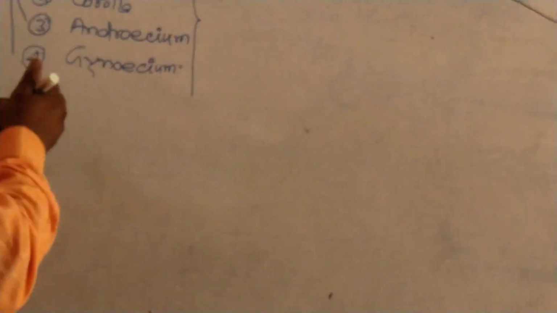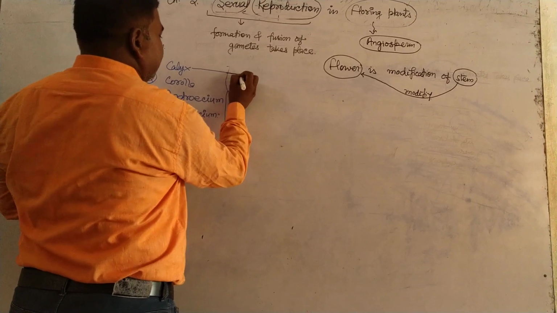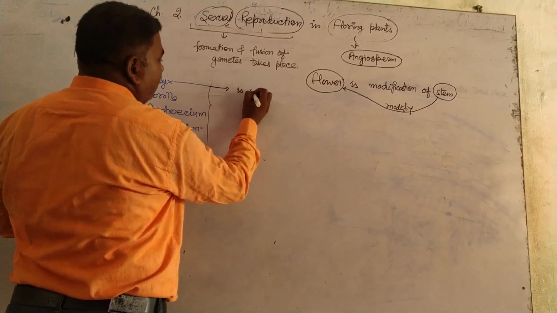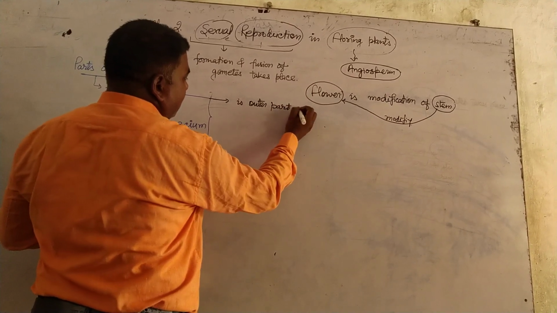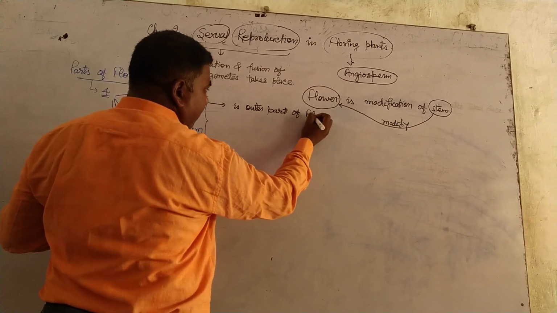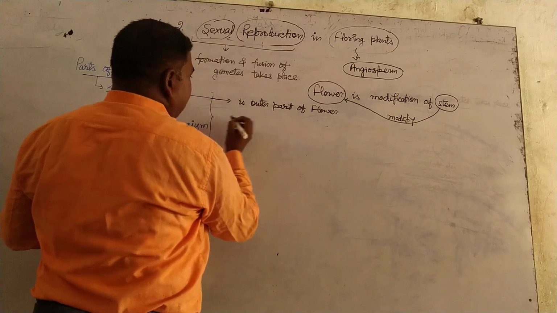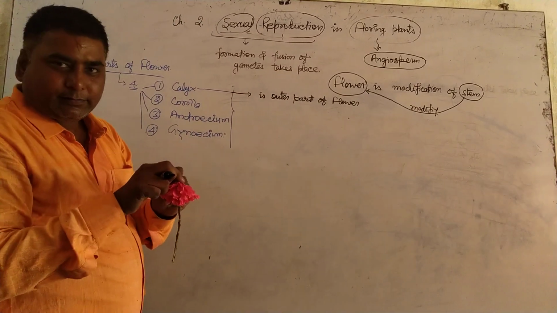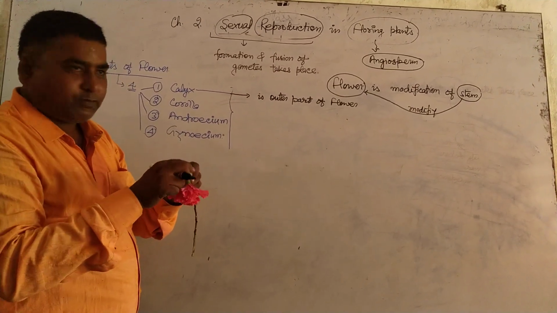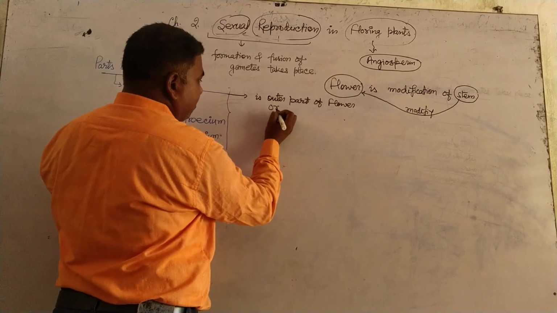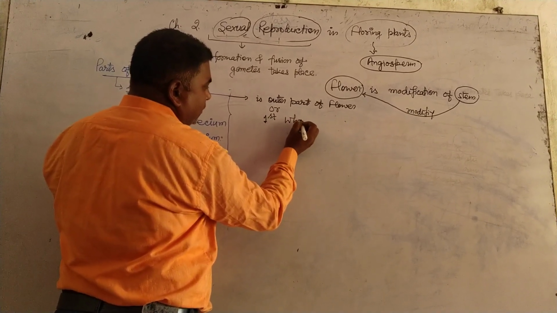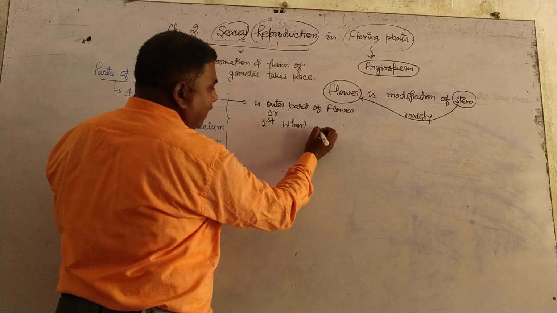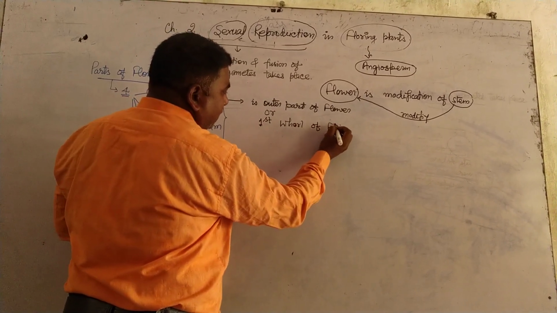So the calyx is the outer part of the flower. Yeah, the first part of flower. Okay, this is the first one, the first whorl of the flower.